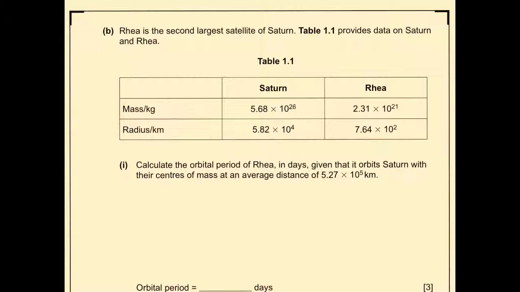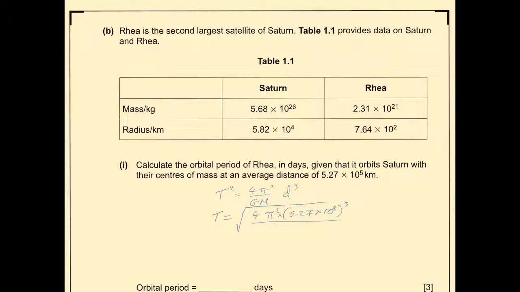We're given these values for Saturn and Rhea, and we can use the equation that we've just looked at to find the period of Rhea, putting in the 4 pi squared over GM that we got in the previous part, and the d cubed, and just substituting.